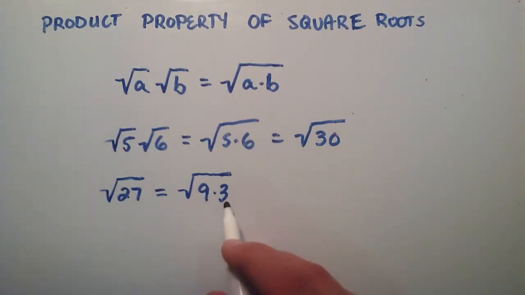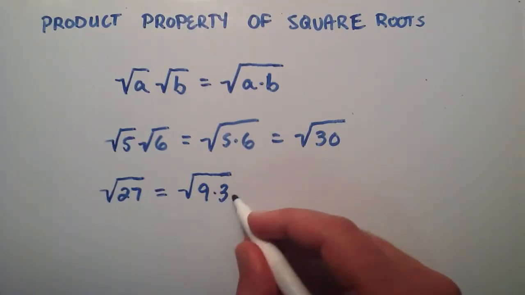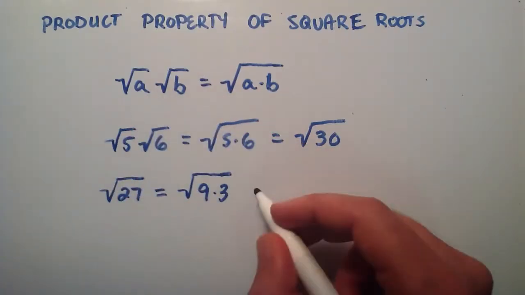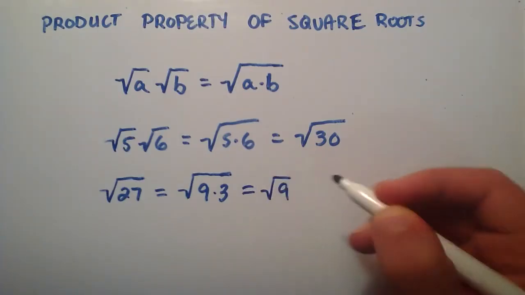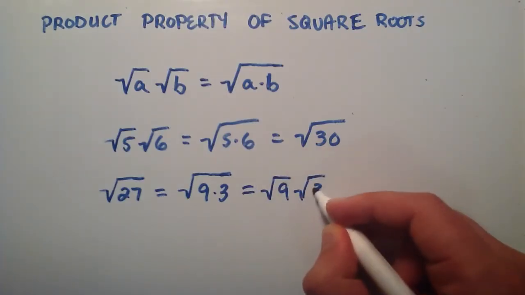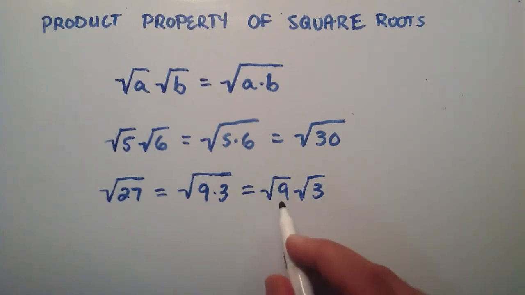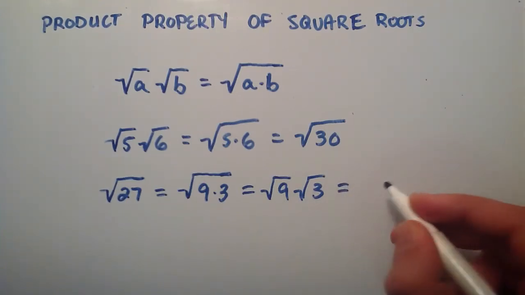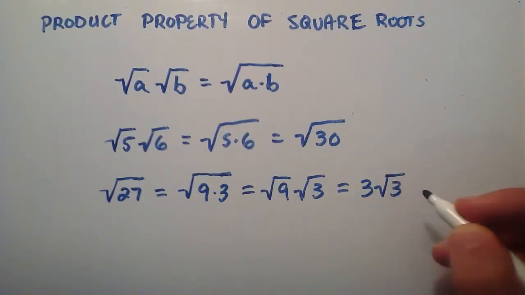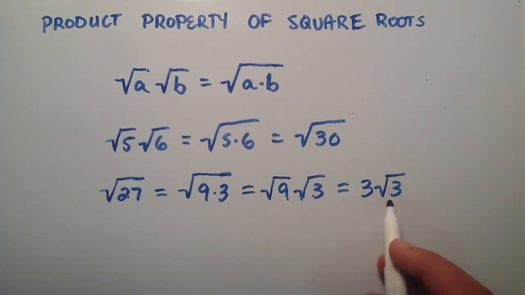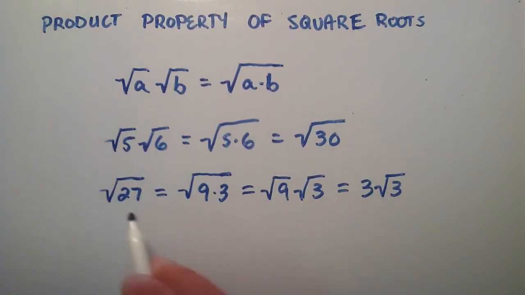And 9 times 3 can be rewritten in this form. We'll write the square root of 9 times the square root of 3. And the square root of 9 is equal to 3, so we can simplify this as 3 times the square root of 3. So 3 times the square root of 3 is equal to the square root of 27.